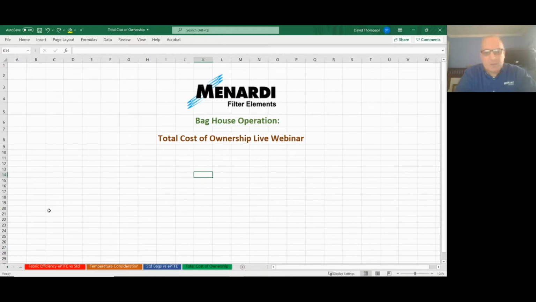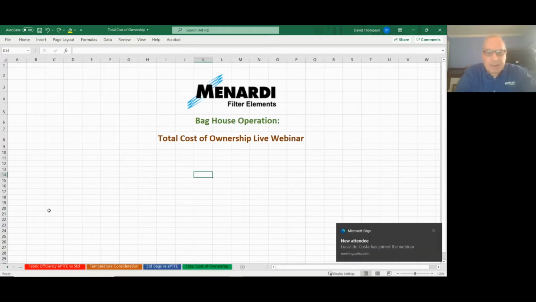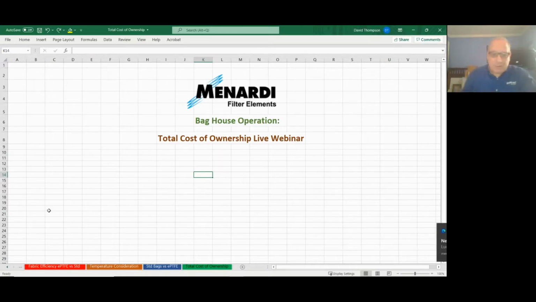So we get into that with this total cost of ownership. What we try to do is help our customers walk through not only the bag issue they may be having, but all of the other ancillary equipment and functions that go along with the baghouse, so that we can truly understand where the source of our problem may be, and how to correct that. But we do that by looking at the entire baghouse. So I'm going to go back to our main sheet here.